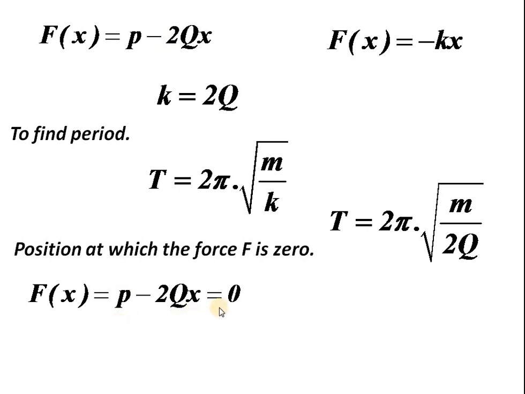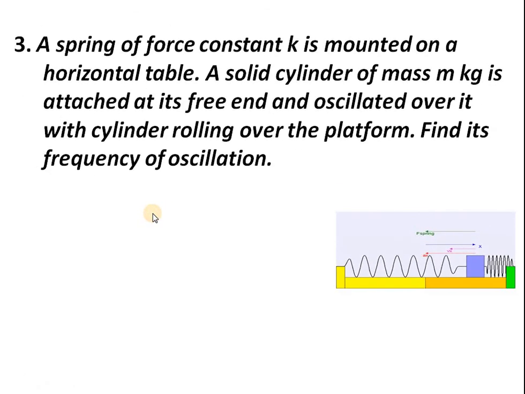When you equate this with 0, you just solve this equation to find the value of x. So we can now say that force will be 0 when x becomes p by 2q. Understand? When x becomes p by 2q, force on the body becomes 0. This is a beautiful question, most probably likely to be asked in university exam.